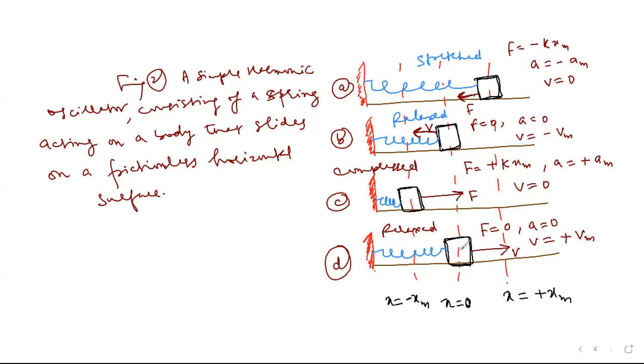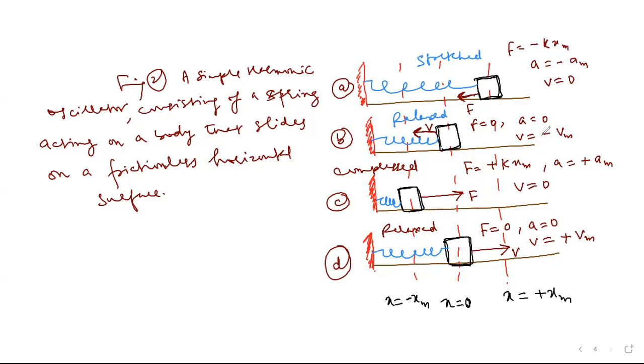So when oscillator comes from mean to extreme, speed decreases, and when it comes from extreme to mean, speed increases, and at mean position it becomes maximum, and at extreme position it becomes 0. Oscillator momentarily comes to rest, right?